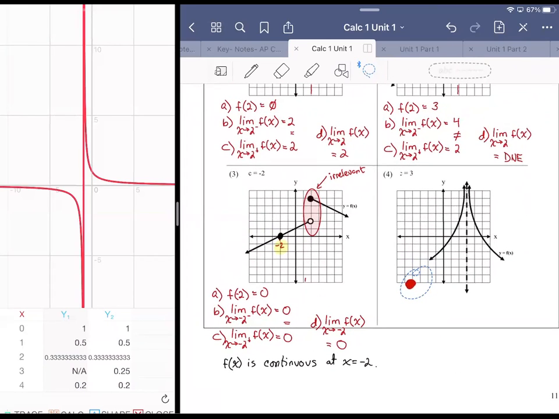The last one is saying we're approaching an x value of c equals 3. So we're approaching an x value of 3 from the left, from the right, and overall.